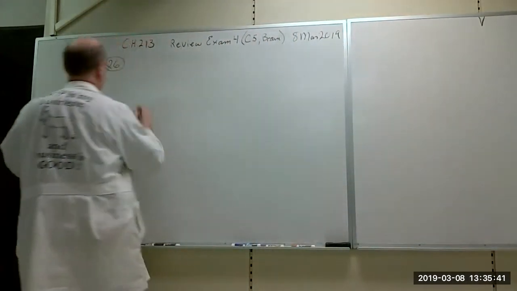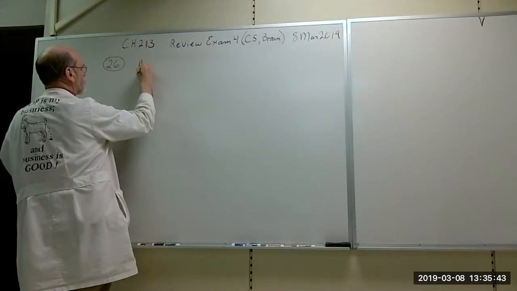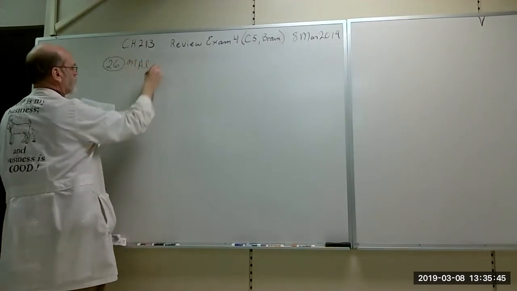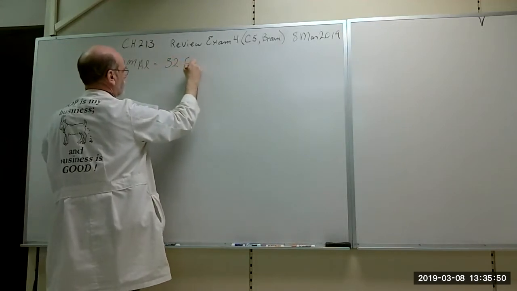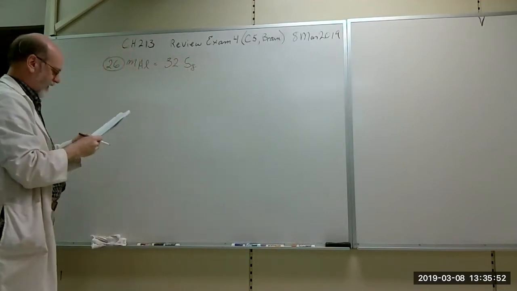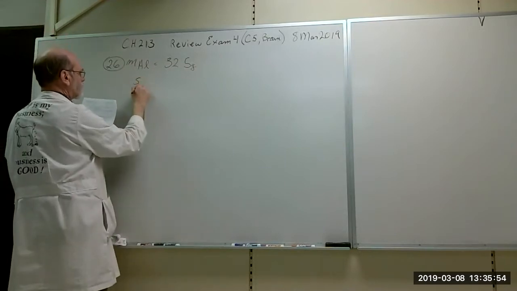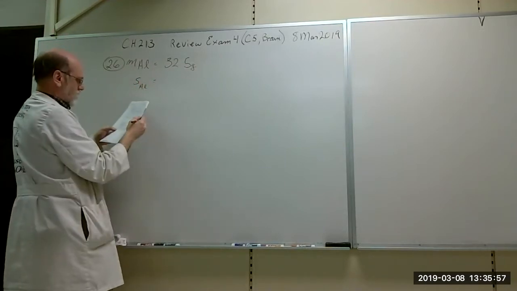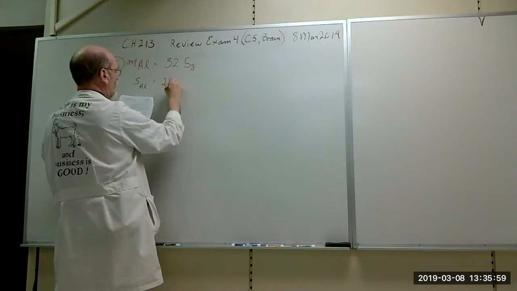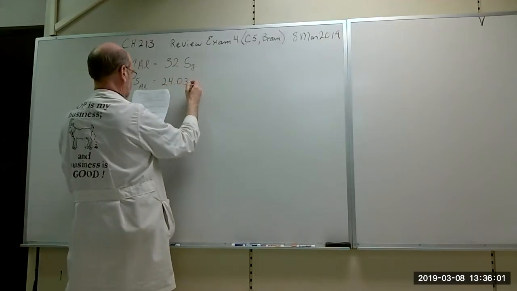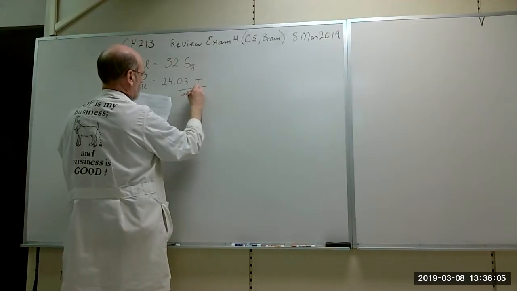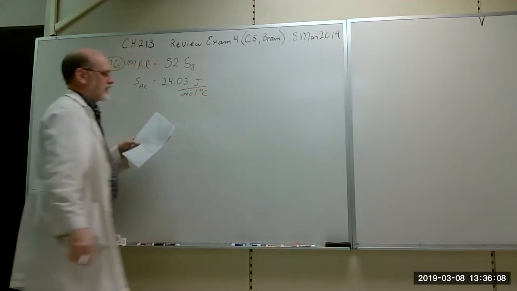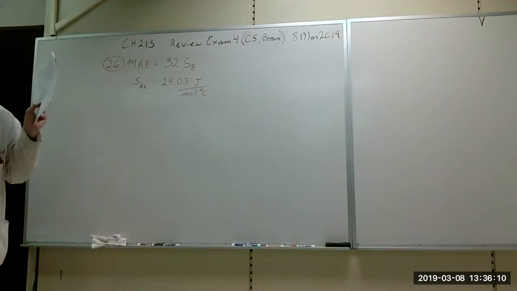So, what are we given? Okay, the mass of aluminum is 32.5 grams. And its specific heat is 24.03 joules per mole degree C. So that's the molar heat capacity, not the specific heat capacity.